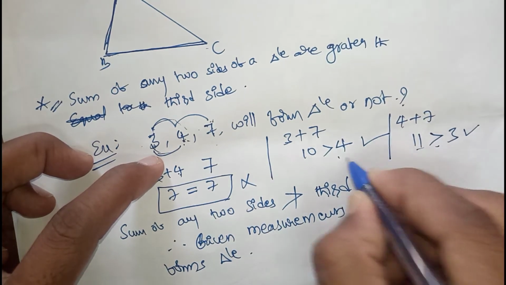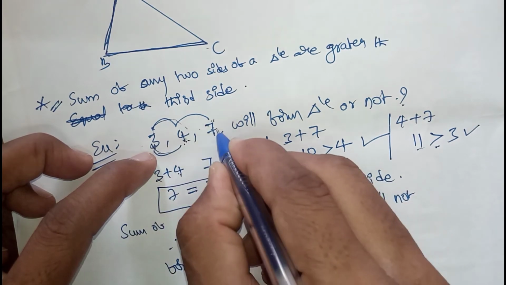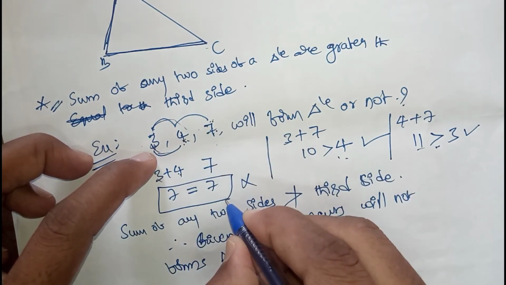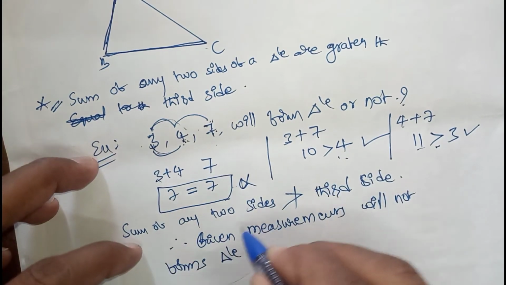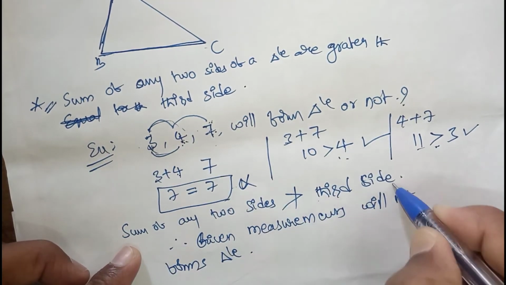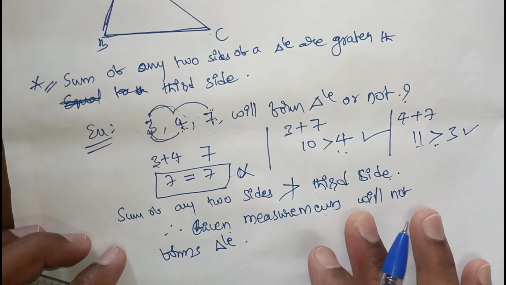So these two conditions are satisfying, but when we add these two sides, we are not getting a sum greater than the third side. So even if one condition fails, we can justify that the sum of two sides is not greater than the third side. So the given measurements will not form the triangle. Like this we have to justify.